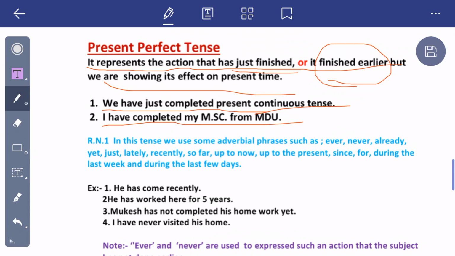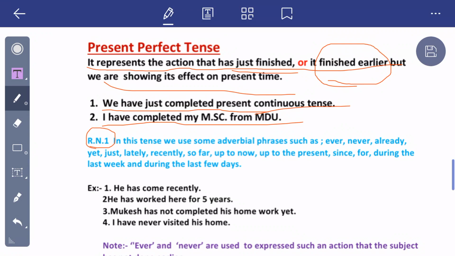Now let's have some rules related to present perfect tense also. Rule number 1: in this tense we use some adverbial phrases. There are some adverbs for present continuous, some adverbs for present indefinite, and some adverbs for present perfect. As I told you, the adverb of time will tell you which tense we have to use.